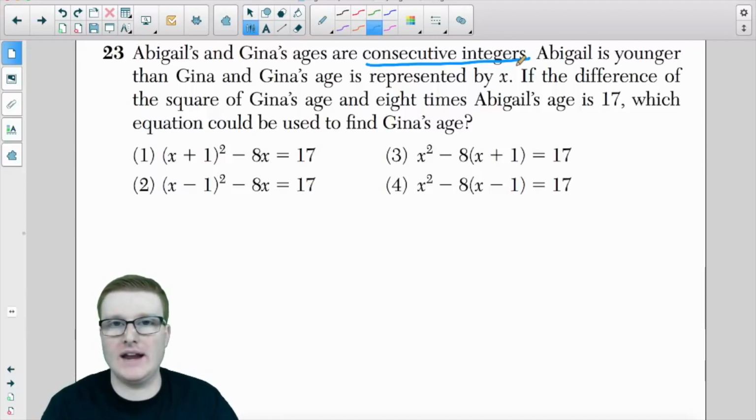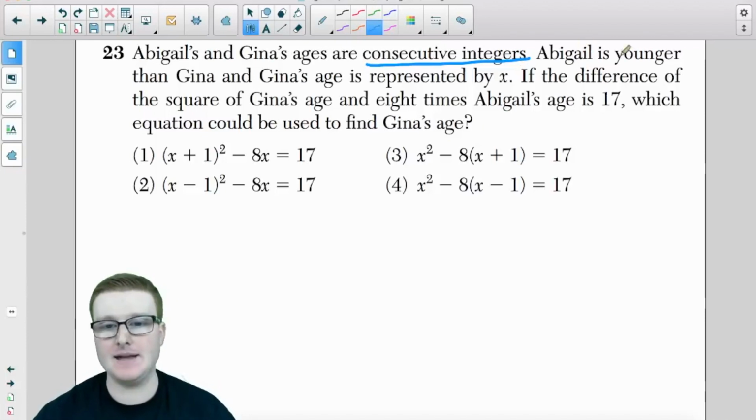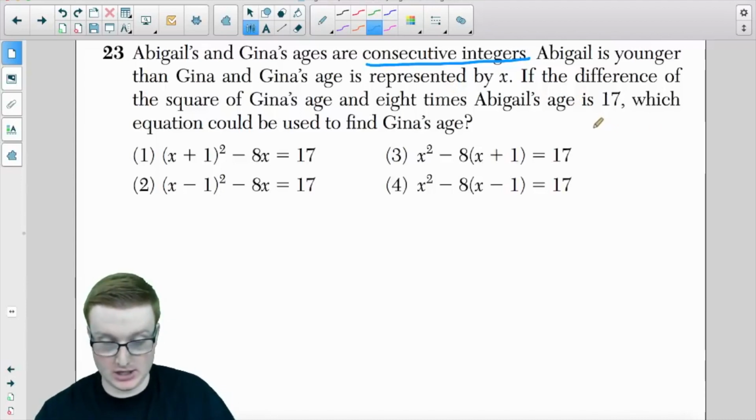They go right after the other in order. Abigail is younger than Gina, and Gina's age is represented by x. If the difference of the square of Gina's age and 8 times Abigail's age is 17, which equation could be used to find Gina's age?